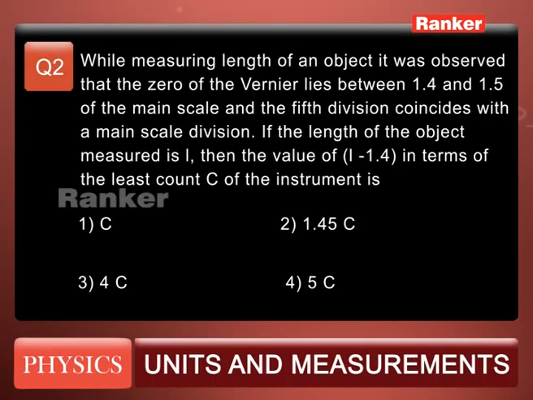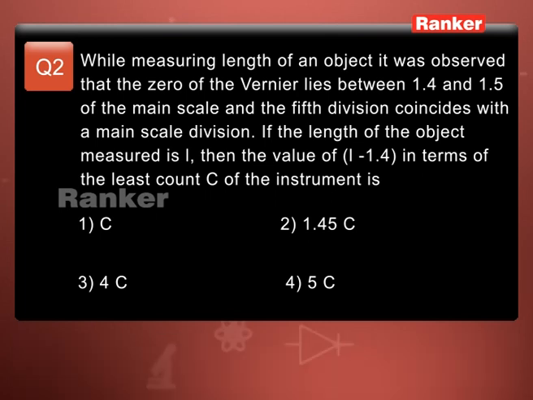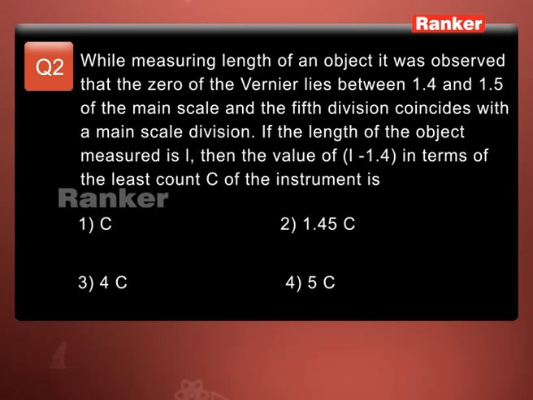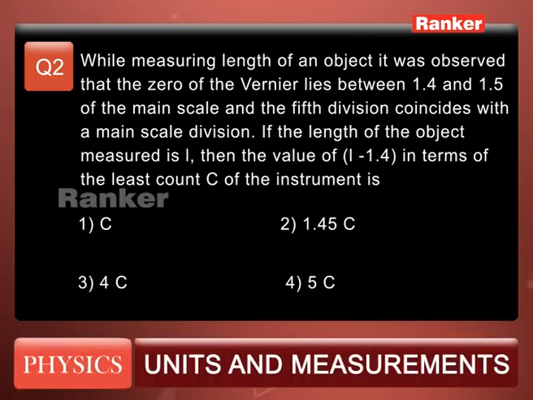Question is this: while measuring length of an object, it was observed that the zero of the vernier lies between 1.4 and 1.5 of the main scale, and the fifth division coincides with the main scale division.